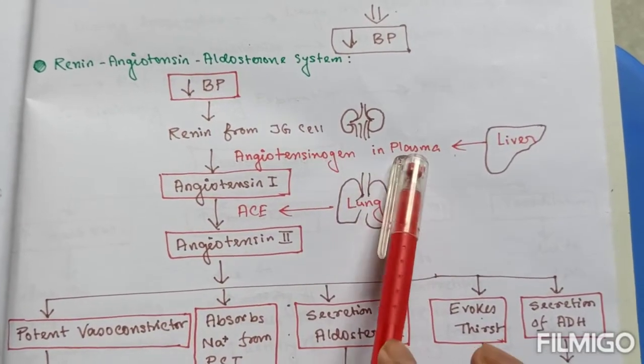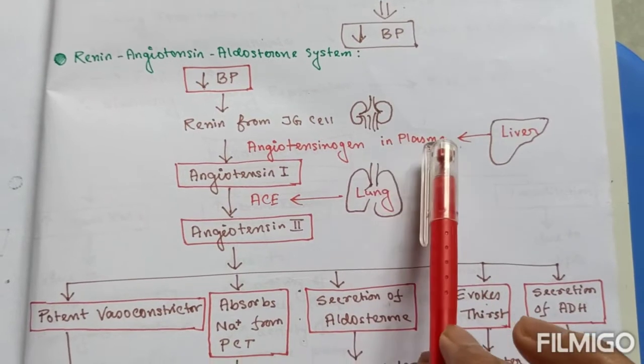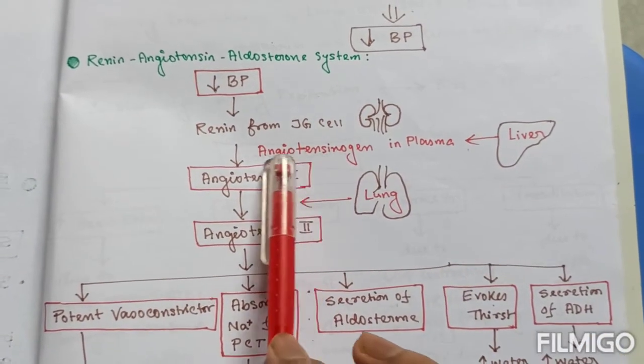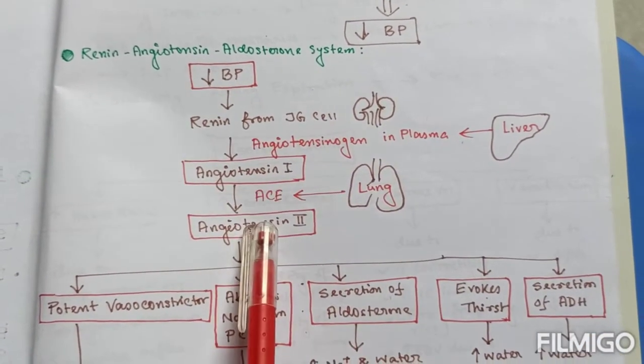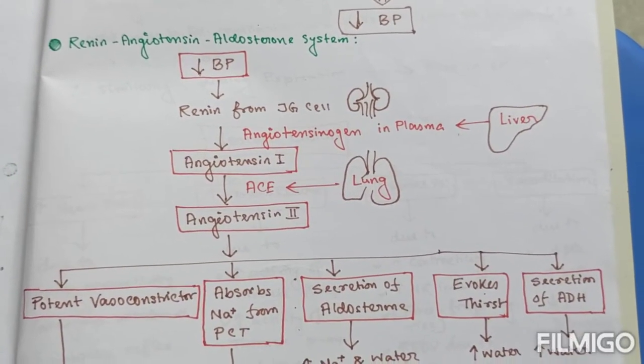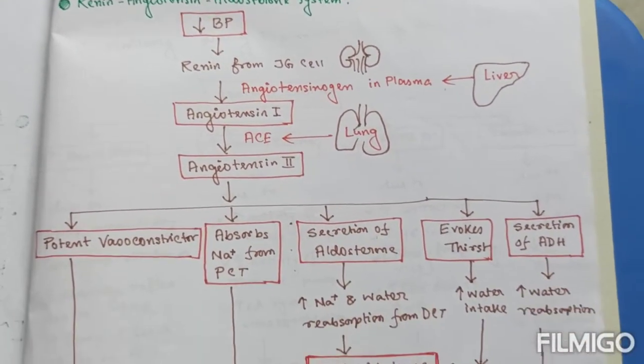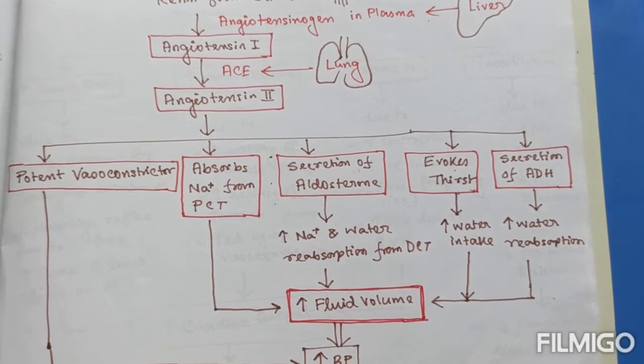This angiotensinogen is secreted from the liver and found in the plasma, and this angiotensin 1 will now be converted into angiotensin 2 by angiotensin converting enzyme secreted from the lung parenchyma. This angiotensin 2 has various actions.